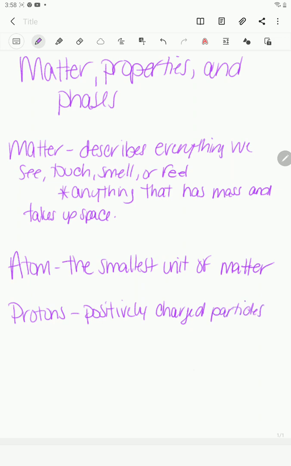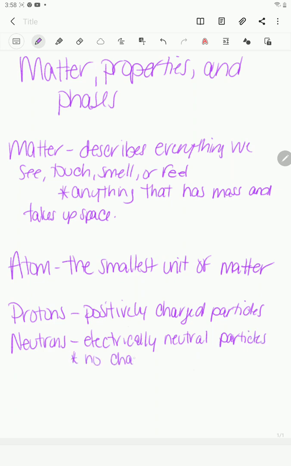And then we have neutrons, which are electrically neutral particles. This means they have no charge.